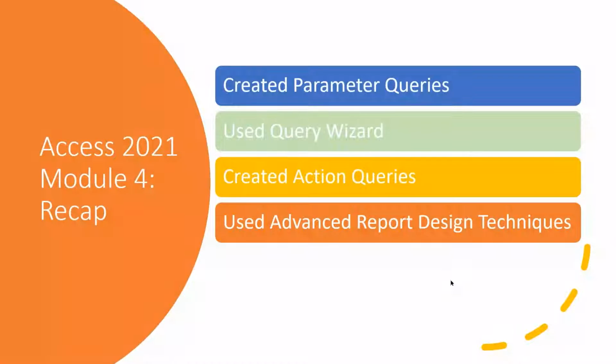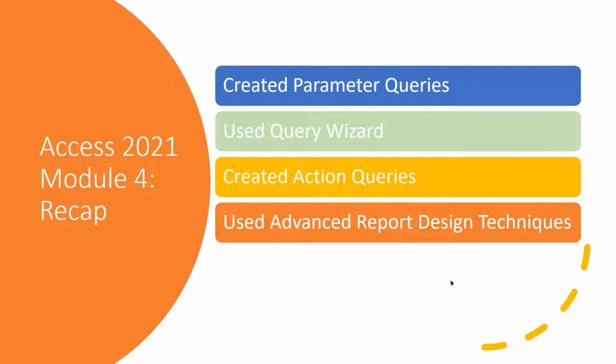In Module 4, we created parameter queries, which gives the end user the ability to define the criteria that's going to show in the query results. We used the query wizard to create a Crosstab query, which kind of looks like a spreadsheet. We also used the Find Duplicates query wizard and the Find Unmatched query wizard.